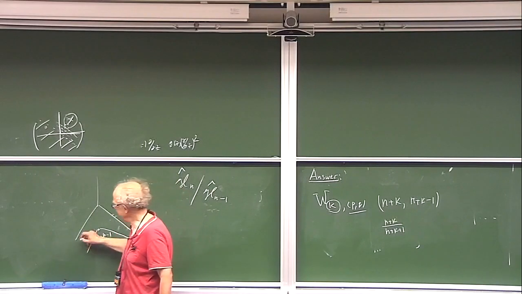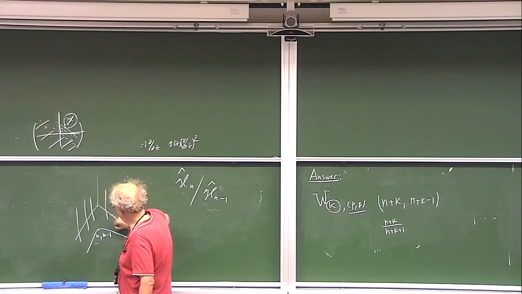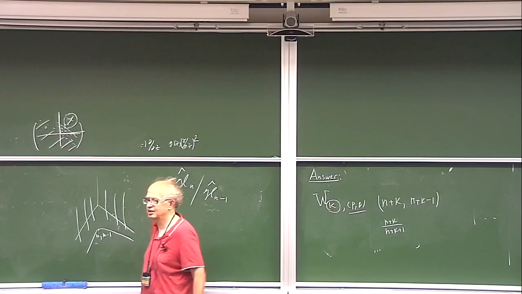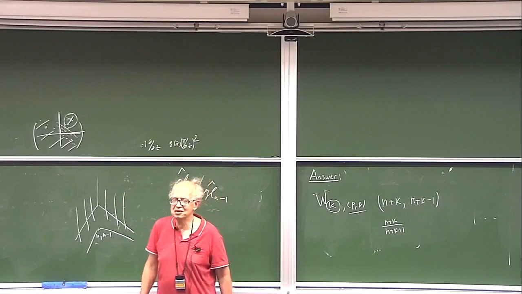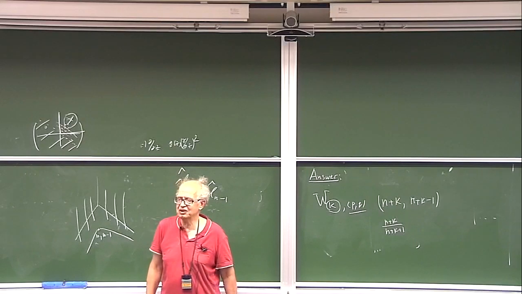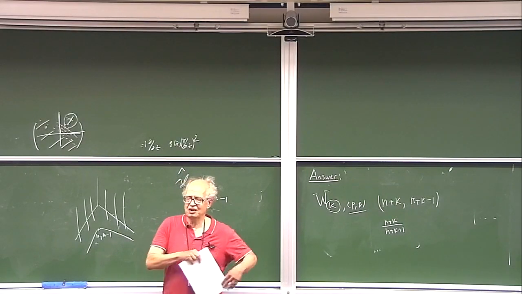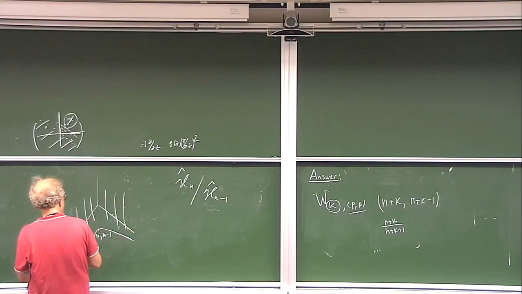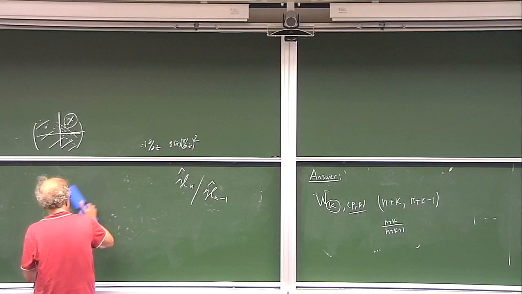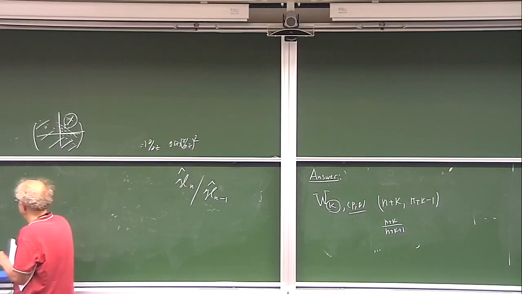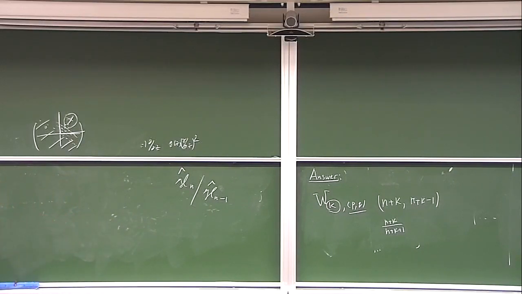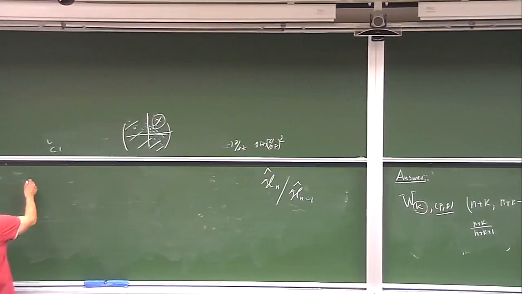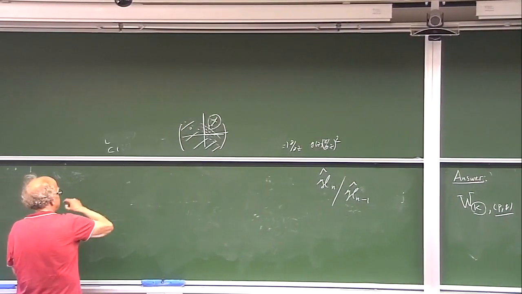And all partitions which are living here give the basis in the corresponding representation. For example, let us look at an example. We have some not very complicated but non-evident formula.